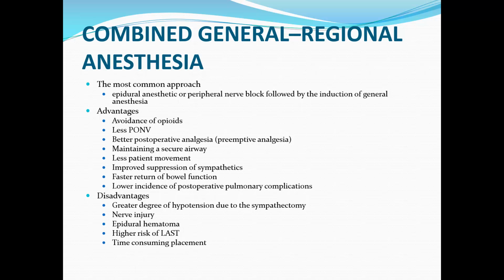Advantages of this technique include avoidance of opioids or using much less opioids, less post-op nausea and vomiting, higher quality of post-op analgesia, preemptive analgesia, maintenance of a secure airway with an endotracheal tube or laryngeal mask airway, less patient movement, improved suppression of endocrine stress response during surgery, faster return of bowel function, lower incidence of post-op pulmonary complications.